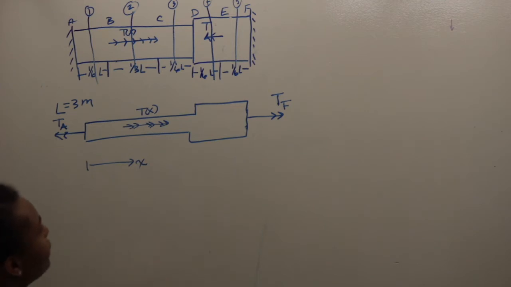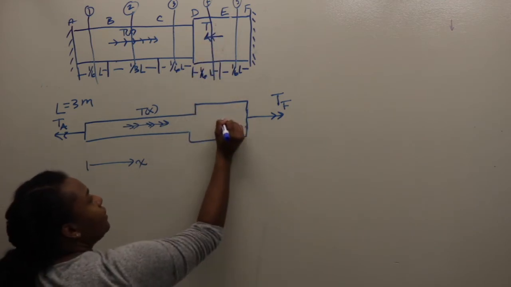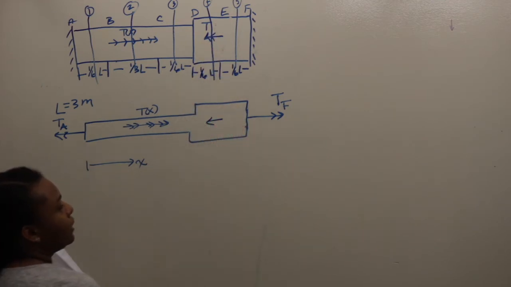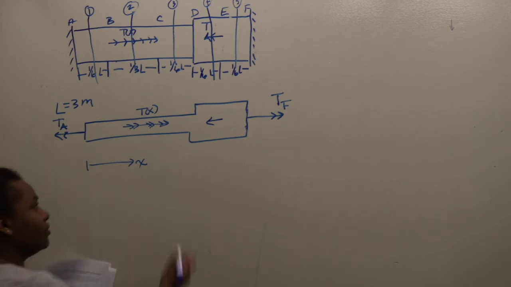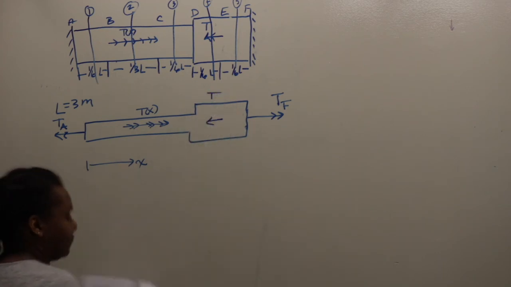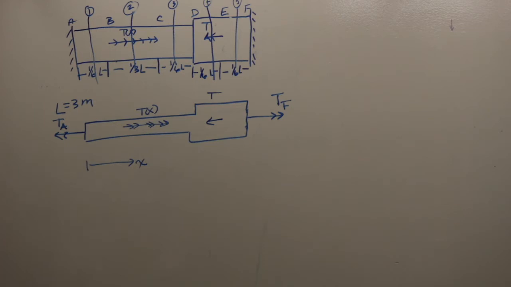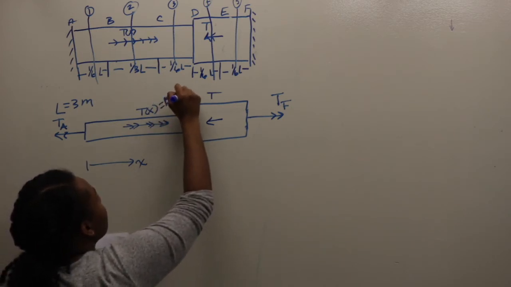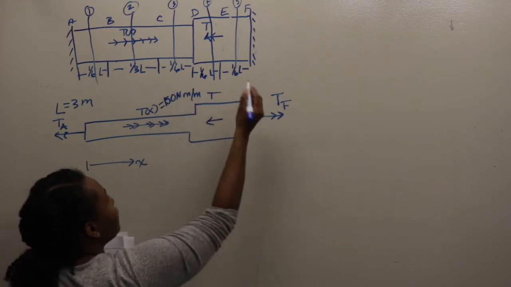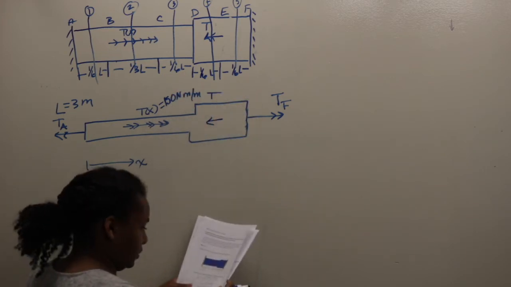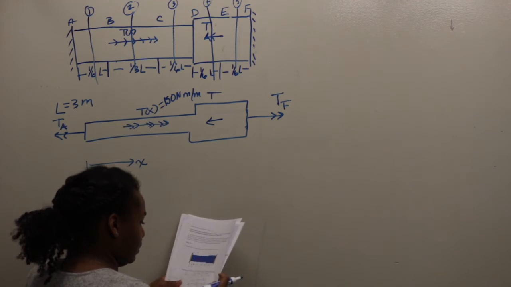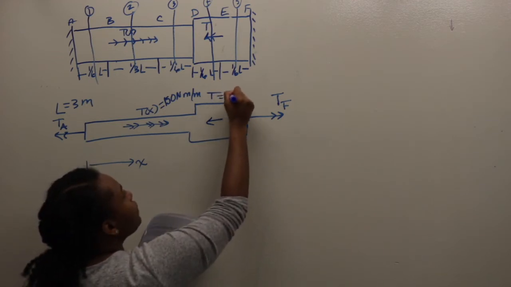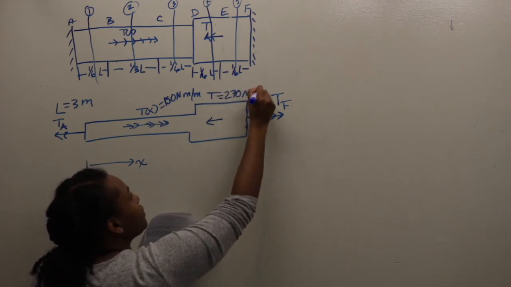And then we have a concentrated torque at E, going in the negative x direction. So right here. And t of x is 150 newton meters per meter, and T is equal to 270 newton meters.